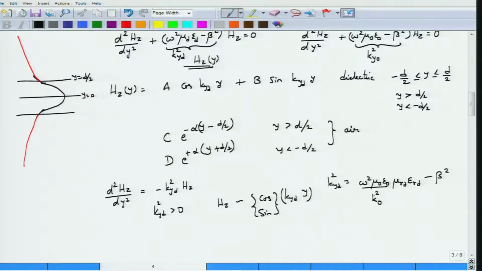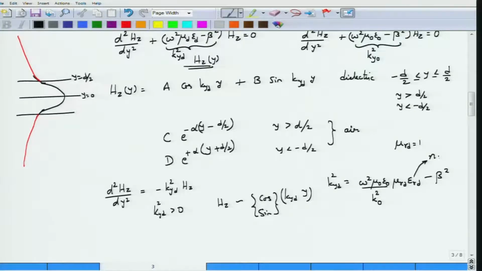So I can as well have a shorthand notation for this, and if I assume that mu r d is equal to 1, that is the dielectric medium is in fact non-magnetic, then I can eliminate this mu r d from the discussion, and I also know that epsilon r d would be the refractive index squared of the dielectric region.